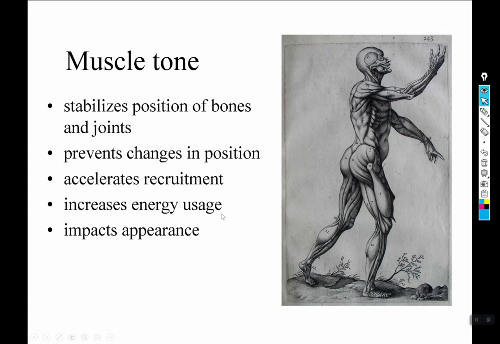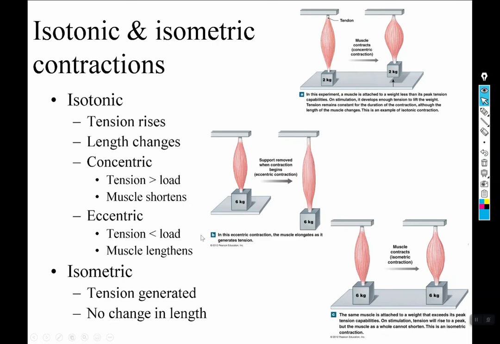Okay, so I mentioned the possibility of generating tension without a length change and how we would talk about that later, and now we've arrived at that time. So iso means same as. And then we have tonic versus metric. So let's talk about isotonic versus isometric contractions.